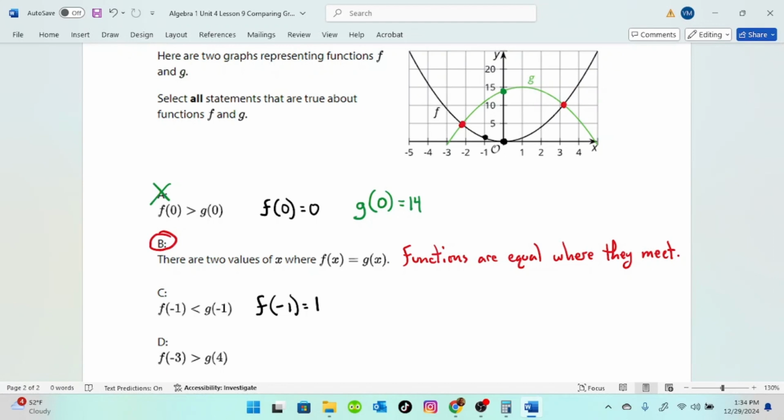Now, if I want g of negative 1, I go to where x is negative 1, I go up to where I hit the line, and that y value is about 11. So this one says that 1 is less than 11. That is true, so C is also a correct answer.